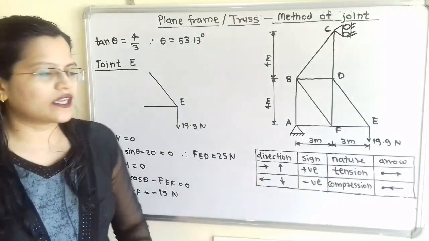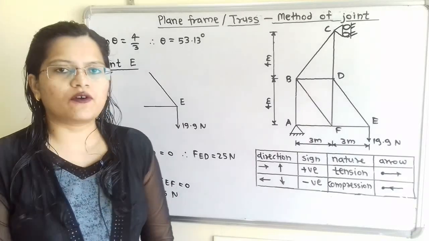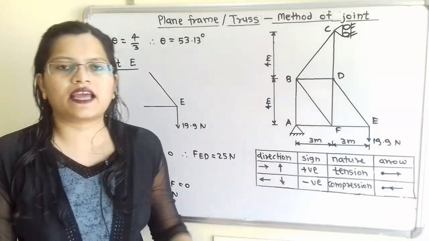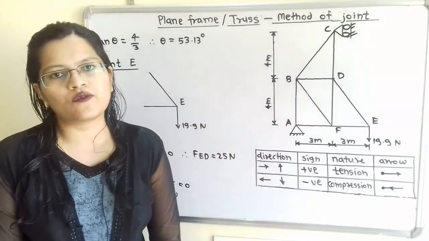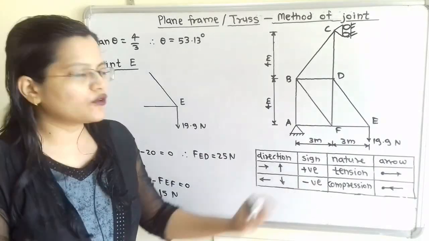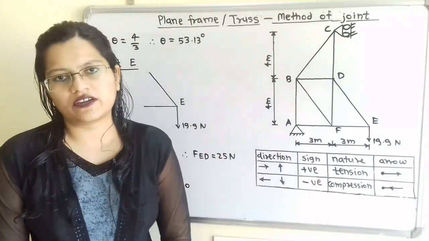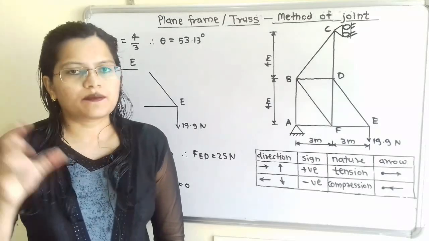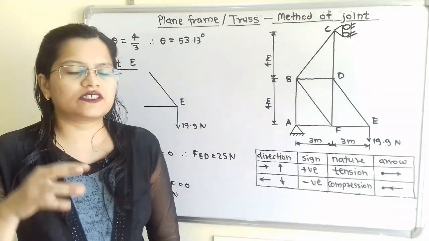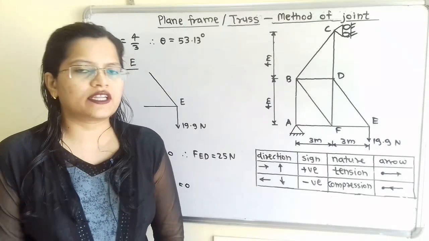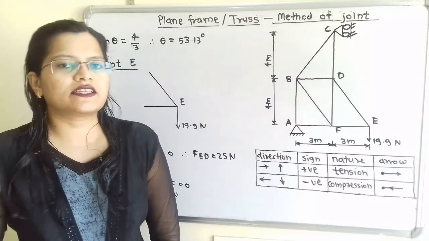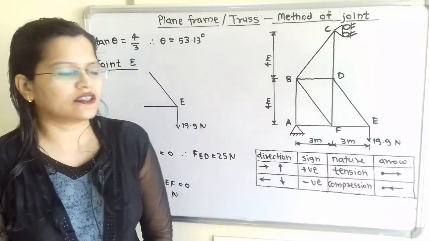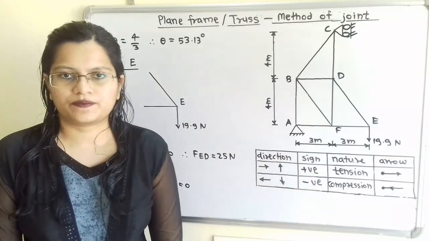Now we will move to the next. When the horizontal force is towards the left-hand side and the vertical force is in the downward direction, we have to use the negative sign for that force. Now when the summation of all horizontal forces or the summation of all vertical forces is negative, the nature is known as compression.